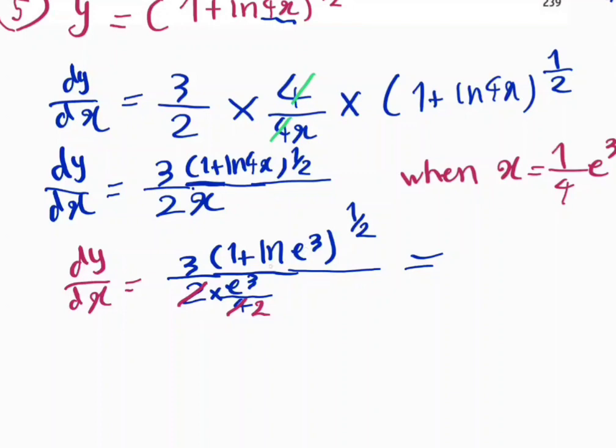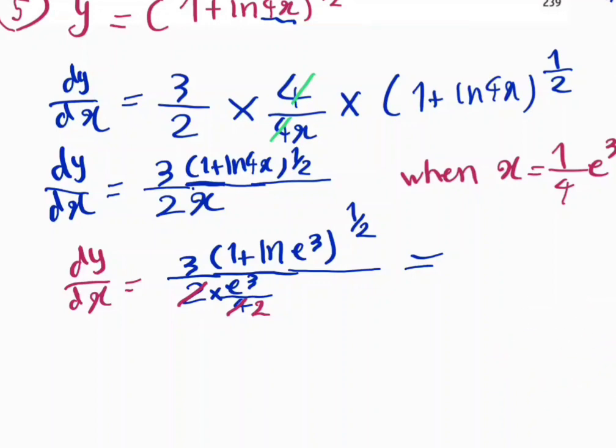Remember that when we have the natural log of something to some power, then that power can come outside. The natural log of this can be written as 3 natural log of e, and these 2 cancel each other out, and you will get a 1, because this is the inverse function of this, so you will only get 3 at the end. So that's a nice one.